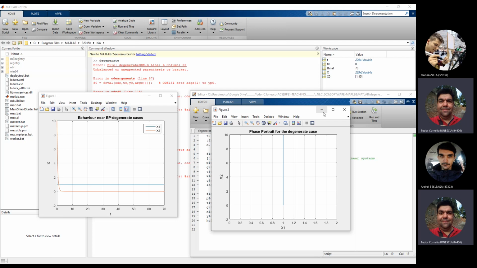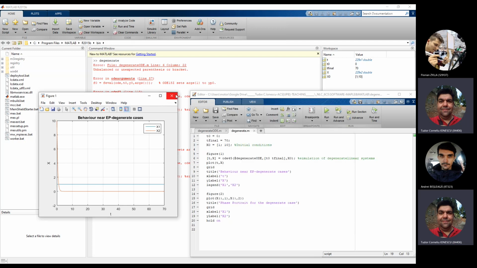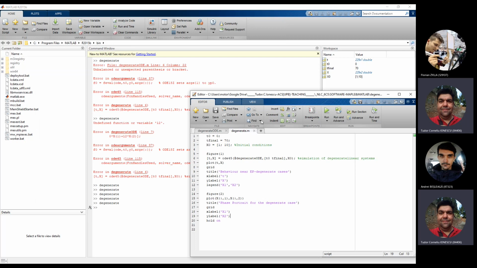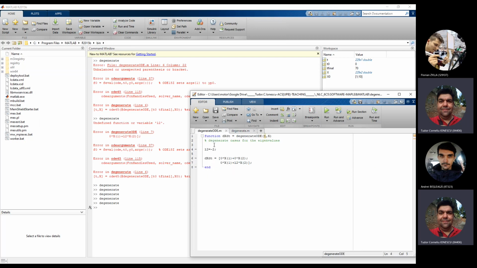Now let's take another degenerate case. The next degenerate case, if you look in the slides, is this one. So L2. Now let's put here A1 equals 1, A2 equals 0, L2 equals 0.